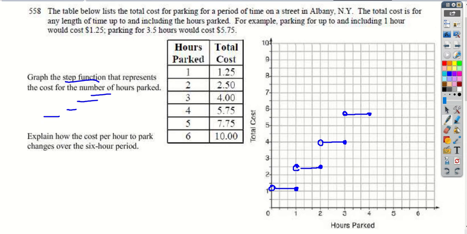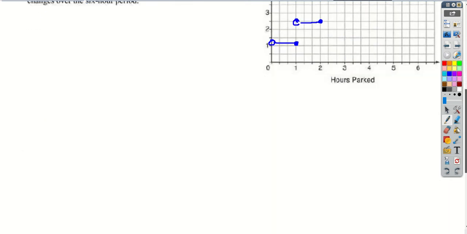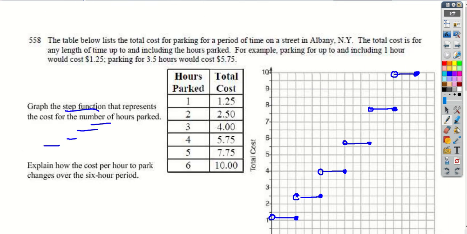So $7.75. Fill it in, open circle, going across, and then fill it in. All right, so there's my step function. That's it for this sheet, guys. We'll see you tomorrow.